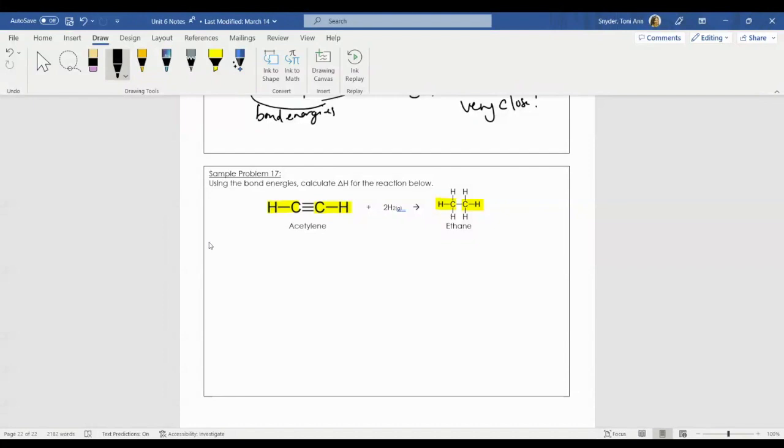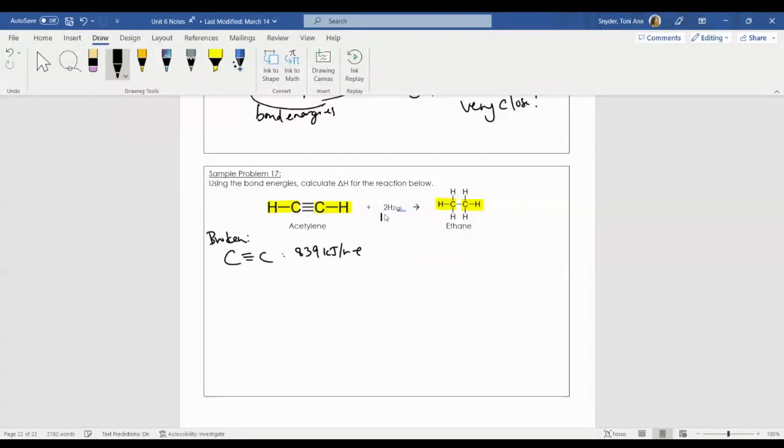Let's look up some bond energies here. Let's look at the bonds that are broken first. I have a triple bonded carbon bond, and that has a bond energy of 839 kilojoules per mole. Notice how this is a much higher value. That makes sense. Triple bonds are much stronger than your double and single bonds.